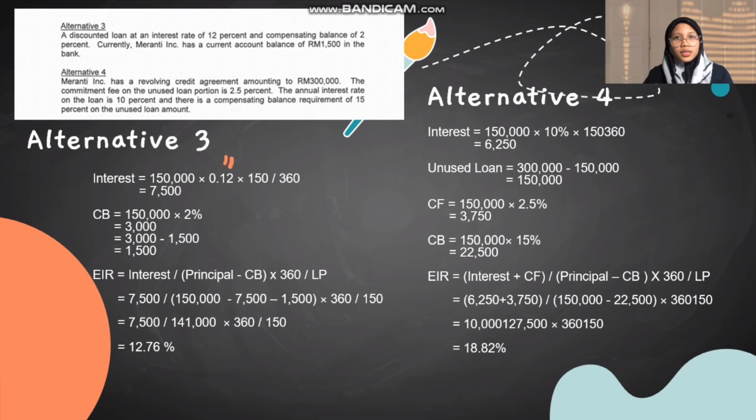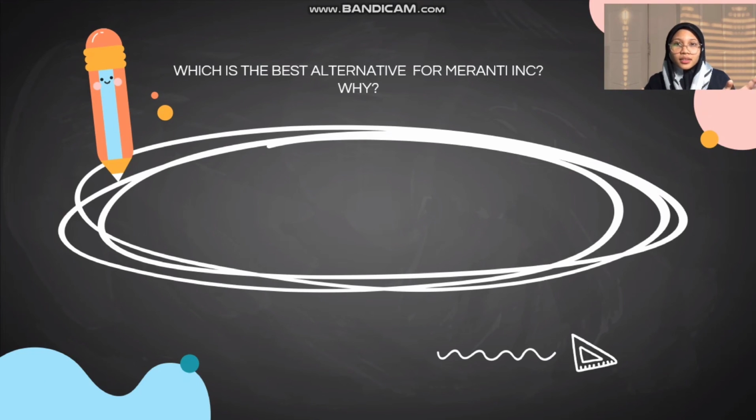And for the commitment fee, I got 3,750, and for the compensating balance is principal divided by 50%, and I got 22,500 ringgit. And the EIR formula is interest plus commitment fee divided by principal minus compensating balance, multiply with 360 and divide by loan period, and I got 80.82%. So which is the best alternative for Meranti INC and why?